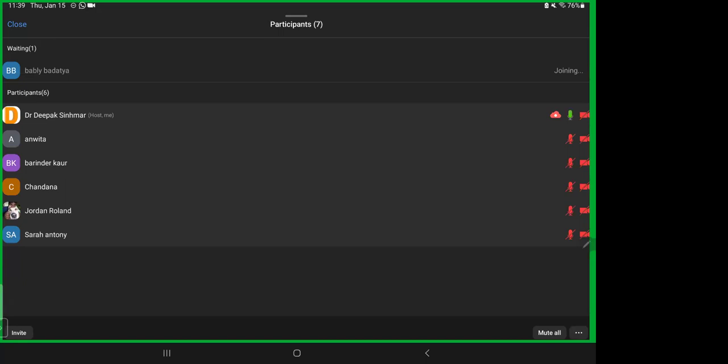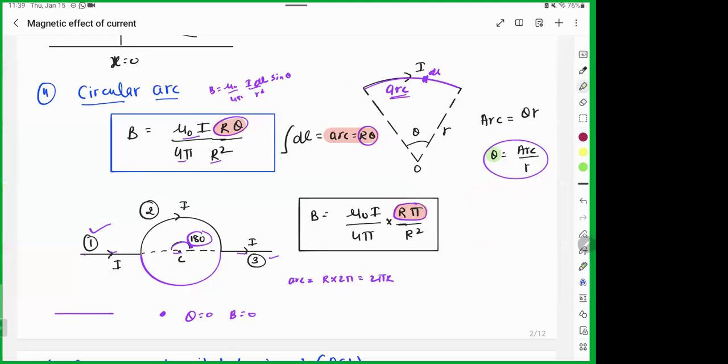Yes, sir. Okay. So tell me, what is the theta value in basic mathematics? Arc by radius. This is the radius, this is the arc. So what will your arc value be? Theta into r.